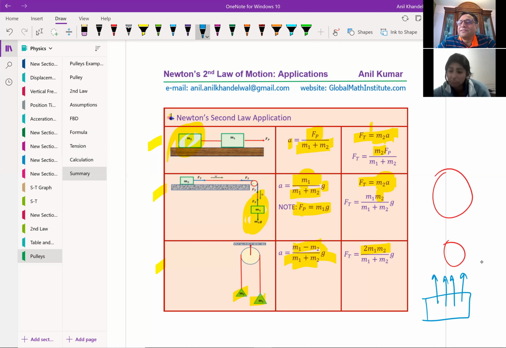Correct. So now you understand how easily we can solve all these questions based on Newton's second law of motion. Yes, I do. You made that look so easy. When you look at it at first glance in the book, you're like, oh my God, I can't do that. It's too complicated. But then you showed the relation between all three of these.